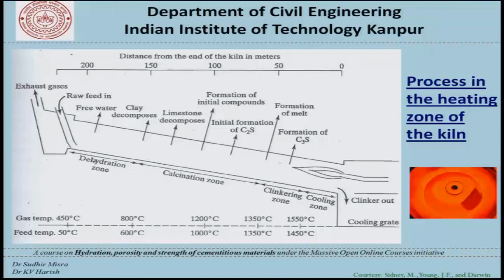Now, what happens in the kiln is very important, because the raw materials are primarily converted to different reactive compounds. In this figure what you see is a kiln which is inclined at some angle, and at the bottom the temperature varies from about 50 degrees Celsius to about 1450 degrees Celsius, and on the top the horizontal distance of the kiln ranges from 0 to about 200 meters.